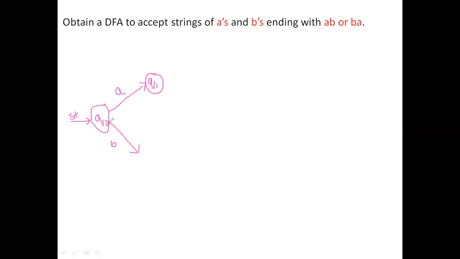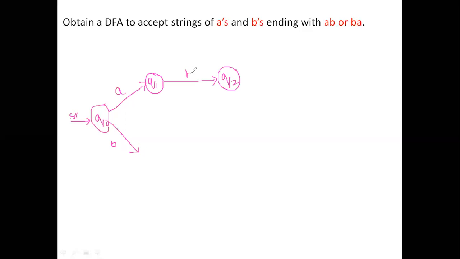Now forget about this B, we'll deal with it later, because I need to decide one more state over here, because for AB the minimum string is AB. Q0 on receiving A will change the state from Q0 to Q1. Now after that, what is the minimum string we have? B, right? So I will use Q2 to receive B from Q1.